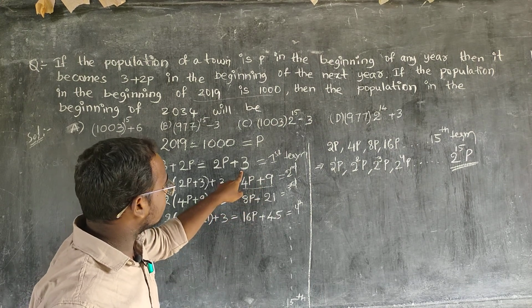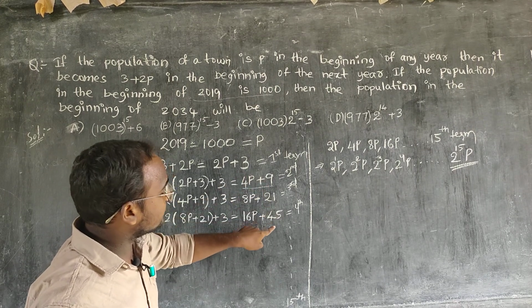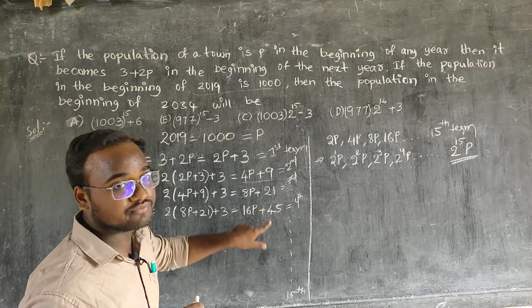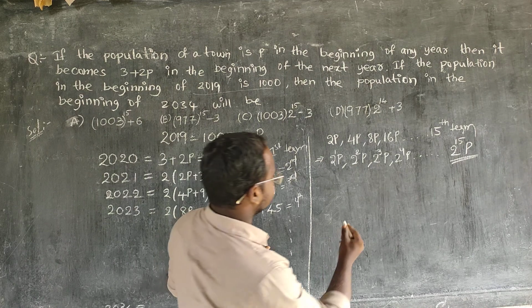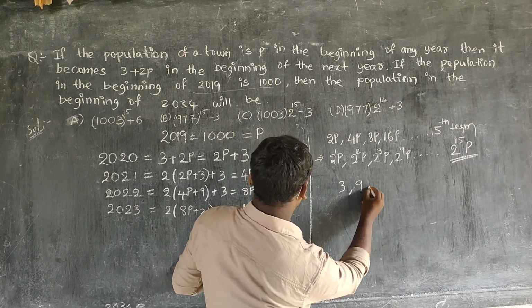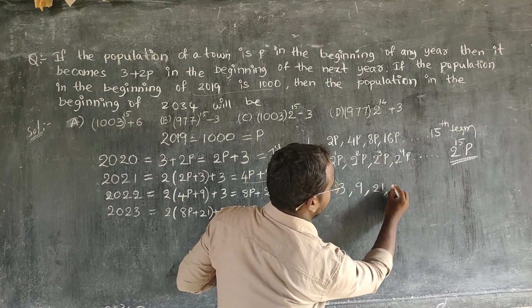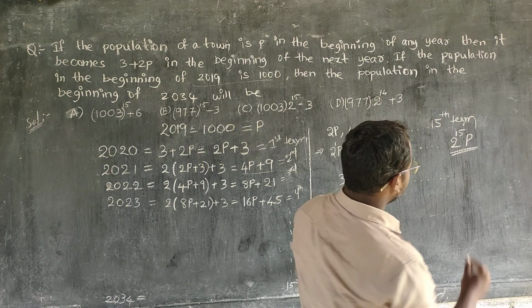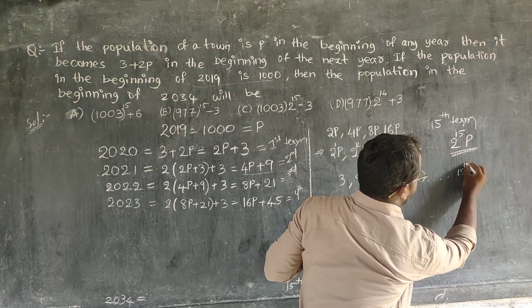Okay. 3, 9, 21, 45. Now I am finding the relation between 3, 9, 21, 45, and so on up to the 15th term.